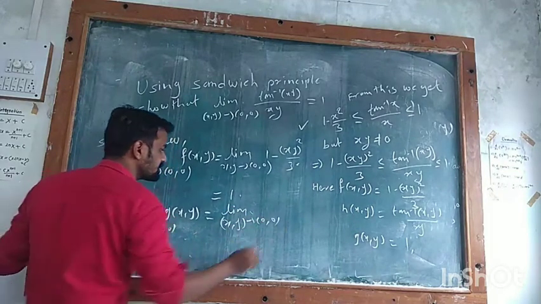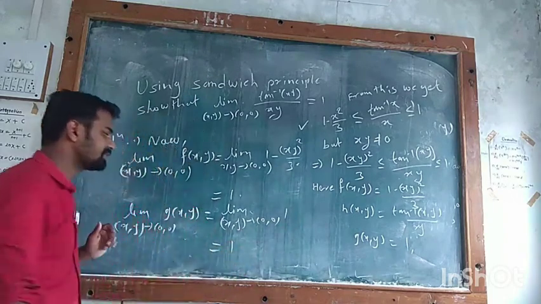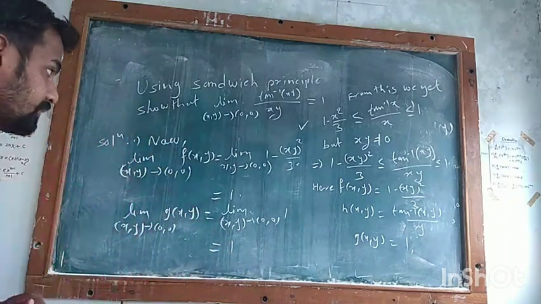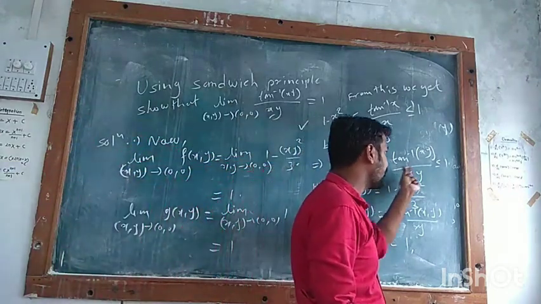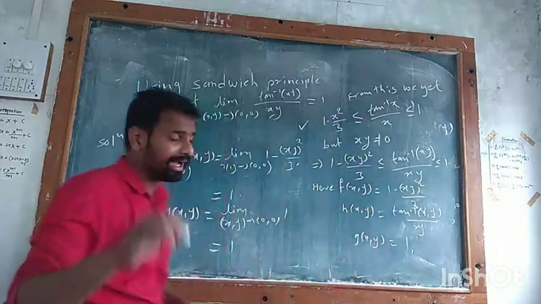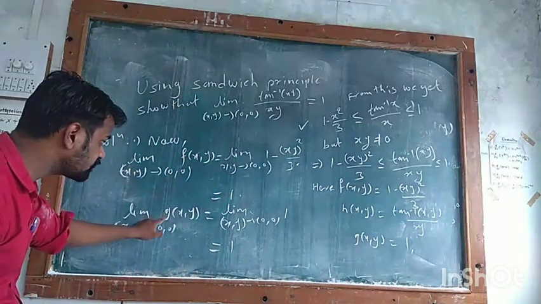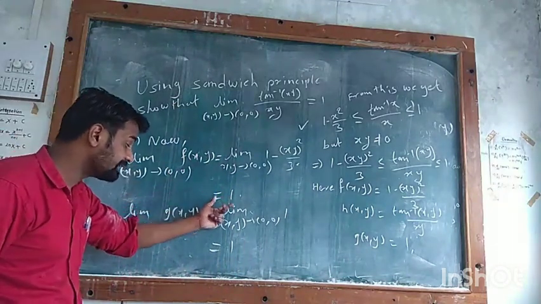The limit of a constant is the constant, that is 1. Here we know that f of xy is less than or equal to h of xy, which is less than or equal to g of xy, and the limit of f of xy and g of xy is L, that is here 1.